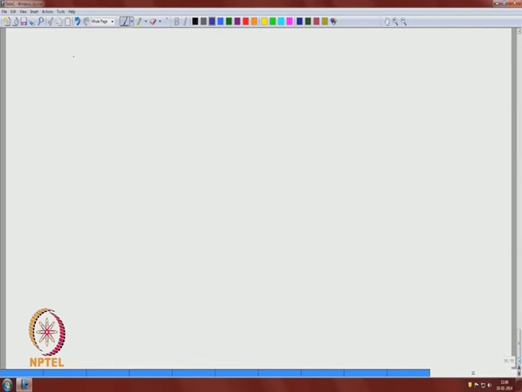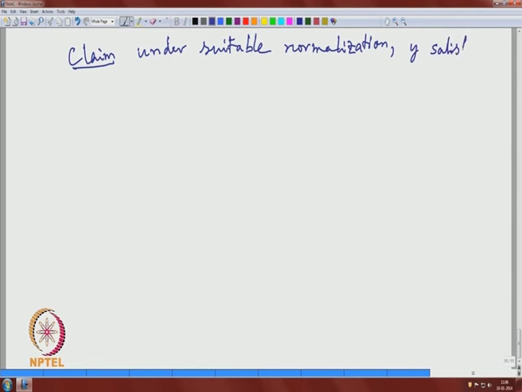So, claim: under suitable normalization, which we will see, y satisfies the differential equation 3 and the boundary conditions. It is very easy to verify.